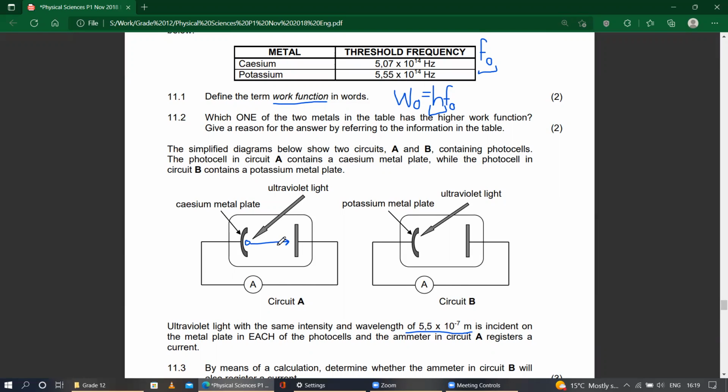So when they say we must calculate whether this is also reading a current, that just means we have to calculate whether the energy of the UV light is greater than the work function, or is greater than the threshold frequency. That's what they want to know, because if it's greater than the threshold frequency, that means electrons are also jumping from the potassium metal plate. Do you understand that?